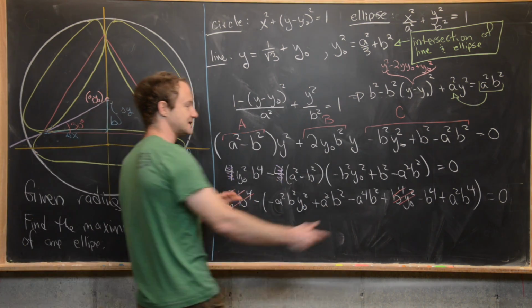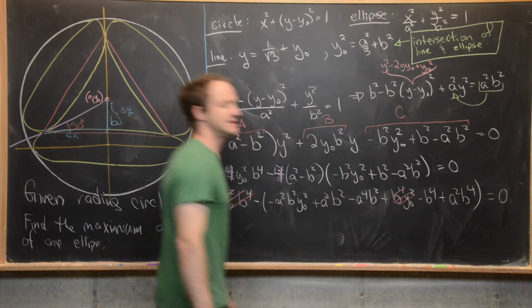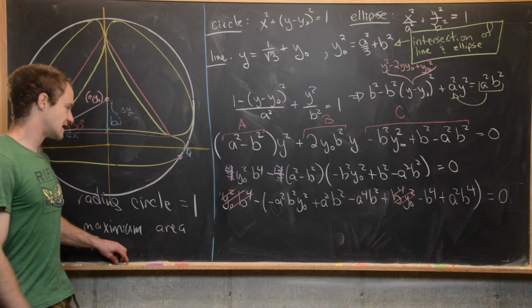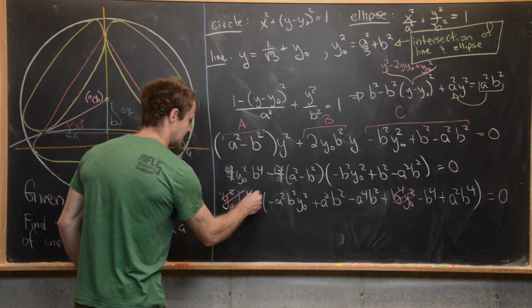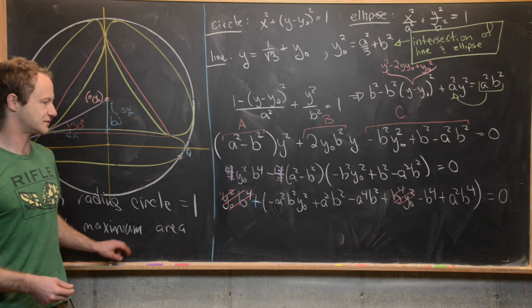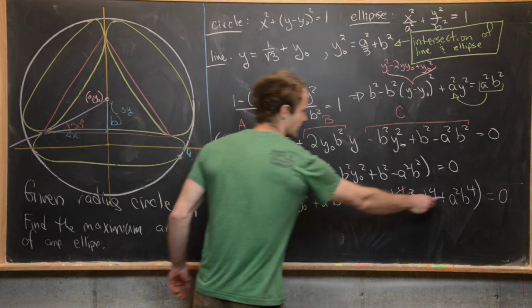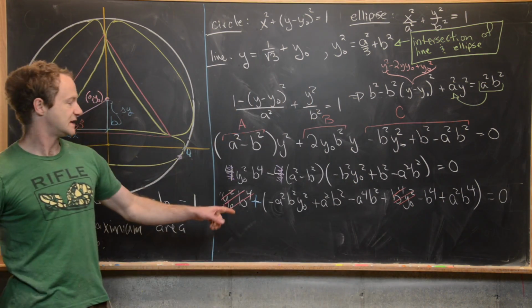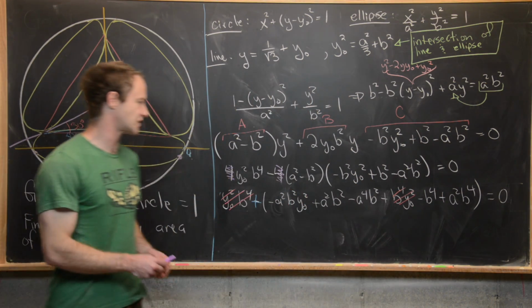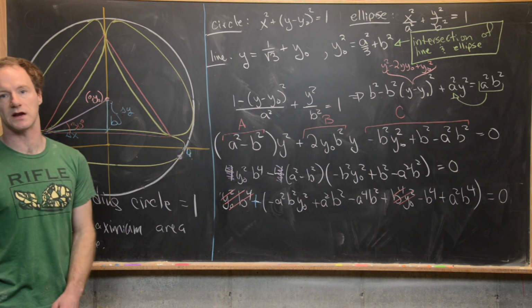Next, we have minus all of the stuff in parentheses equals 0. So that means we can cancel this minus sign just by multiplying both sides of the equation by minus 1. And then we've got all of this stuff in parentheses is equal to 0, but only one of those terms has a y0 squared in it.